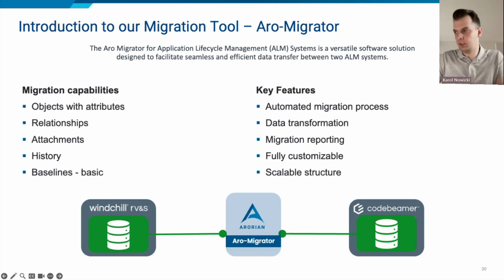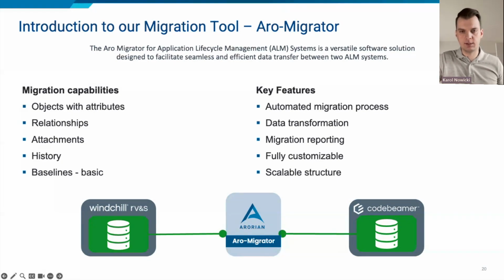Aro-Migrator is a fully customizable and fully cloud-based solution, so scalability and security should not cause any problems during the process. As of now, the tool consists of adapters to Windchill RV&S and to Codebeamer, but it can be very easily extended with another ALM system adapter.